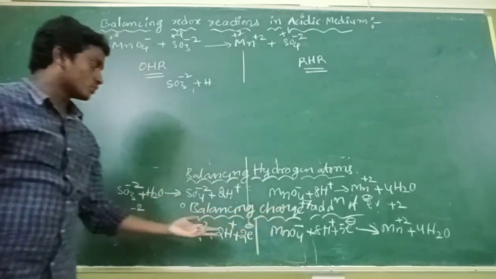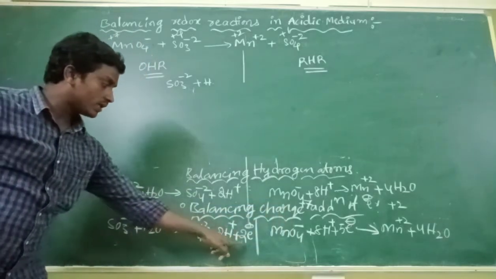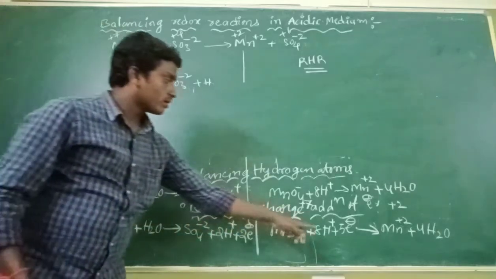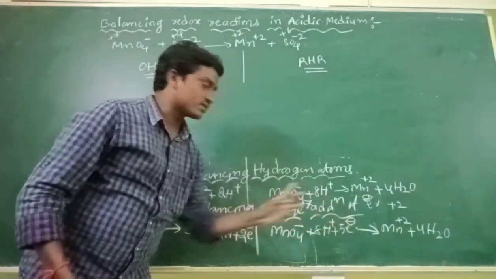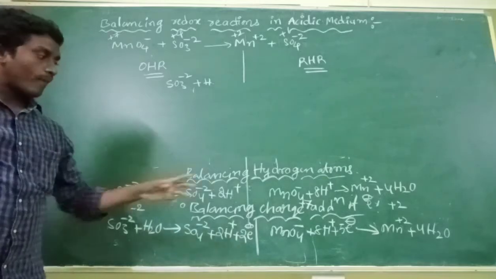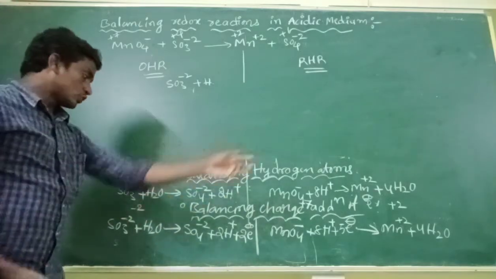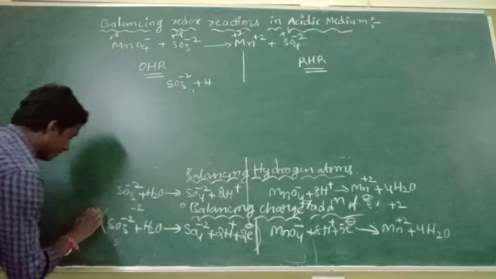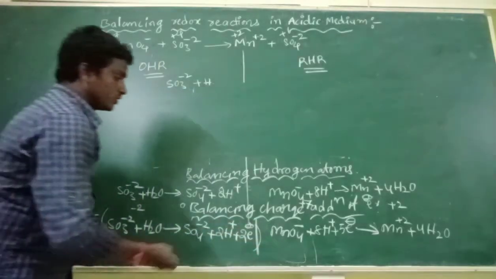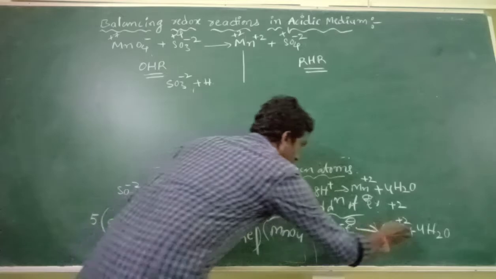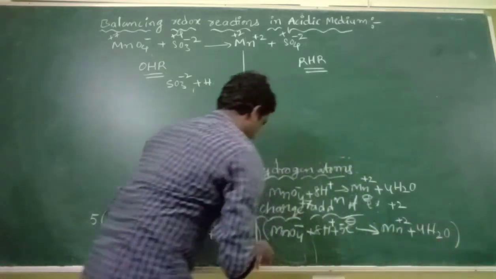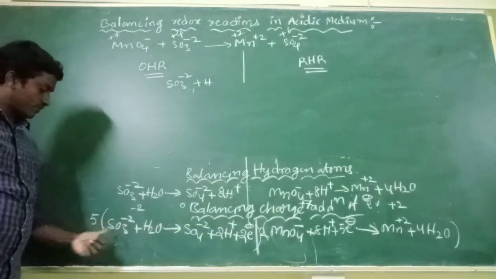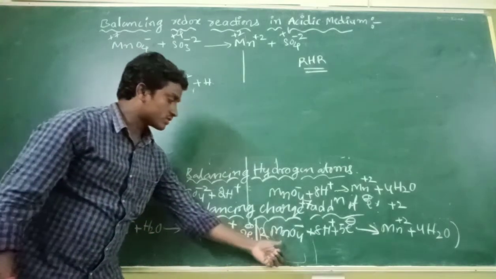Here only 2 electrons are present in the oxidation reaction. In the reduction reaction, 5 electrons are present. To balance the electrons, this reaction is multiplied by 5 and this reaction is multiplied by 2.